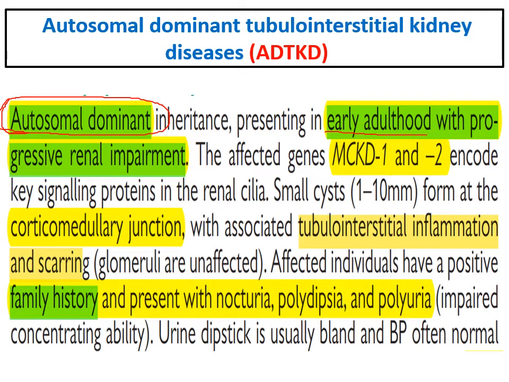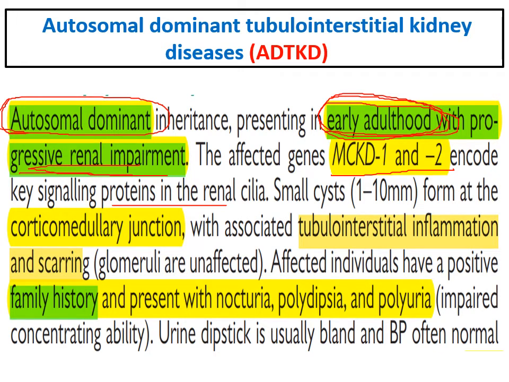Nephronophthisis is in adolescents, but medullary cystic kidney disease usually manifests in adulthood with progressive renal impairment or CKD. There are around 4 genes, but the most important are medullary cystic kidney disease 1 and 2. Medullary cystic kidney disease 1 is MUC1, and medullary cystic kidney disease 2 is uromodulin. These proteins have a very important role in the renal cilia.